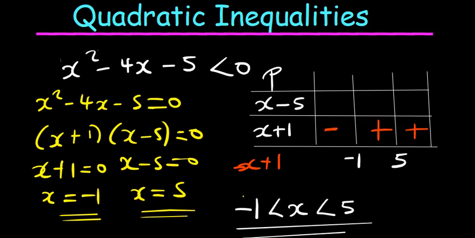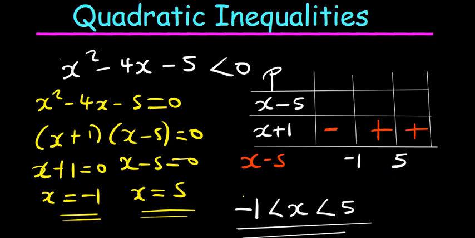Now let's come to the next equation, x minus 5, the one that gave us a 5. So I'm going to write my x minus 5 there. Now we're going to pick any number that is less than 5 and put it in the equation.